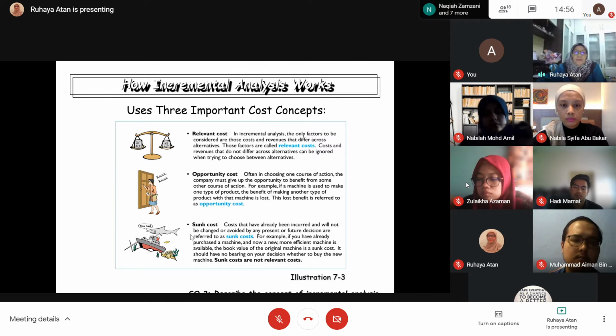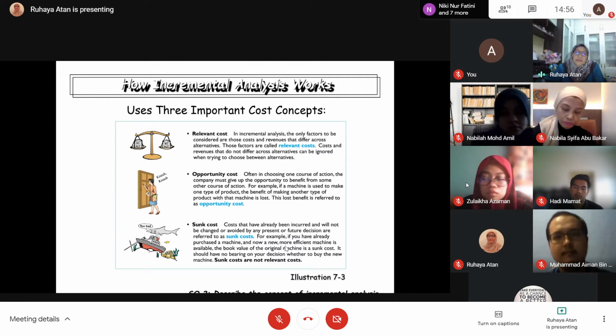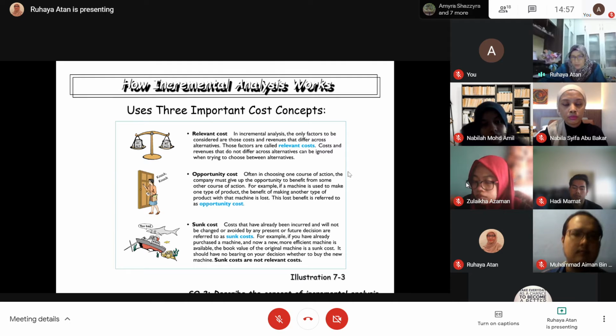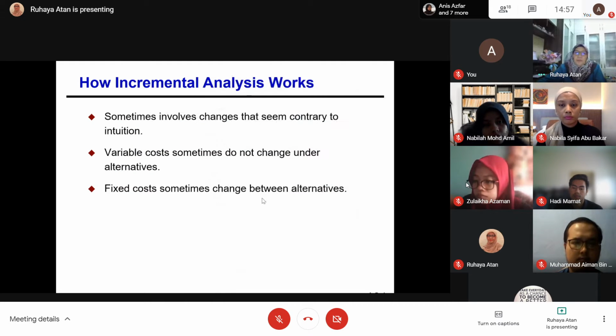So it is not relevant in making the decision. So please understand these three important cost concepts, because it will affect your decision. It will affect your calculation when you do the incremental analysis, whether to include the cost or not to include the cost in your incremental analysis. And how incremental analysis works sometimes involves changes that seem contrary to intuition.